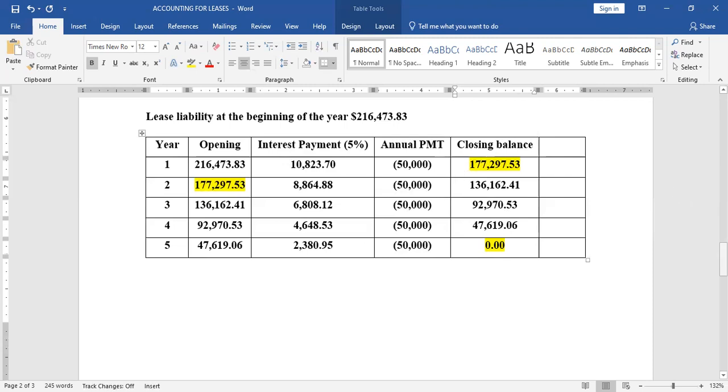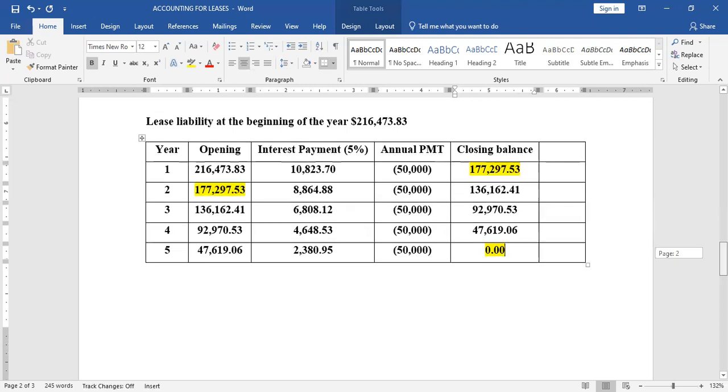But now I want you to take note that we need to indicate the liability for the first year in the books. So the liability which will be indicated is 177. Now I want to indicate that in this 177, there is actually current and non-current liability. So it has to be split into 2. Now, if you see, the next balance will be 136. Okay.